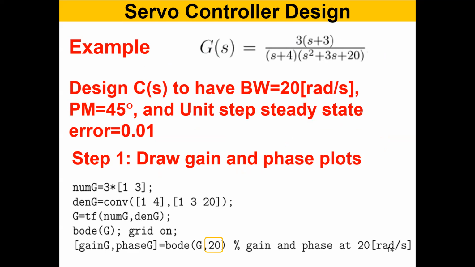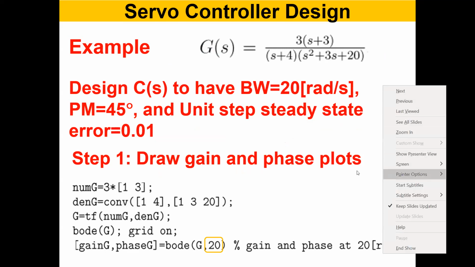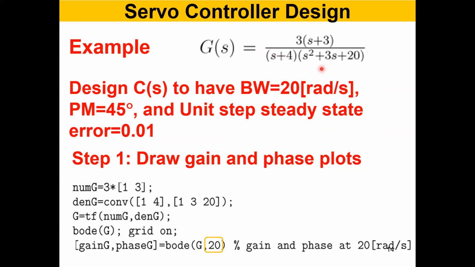So this is the open loop block, right? What is the bandwidth of this one without doing any modification, right? We are going to modify the plant, but without doing that, what is the existing bandwidth, right? So how do you do that?